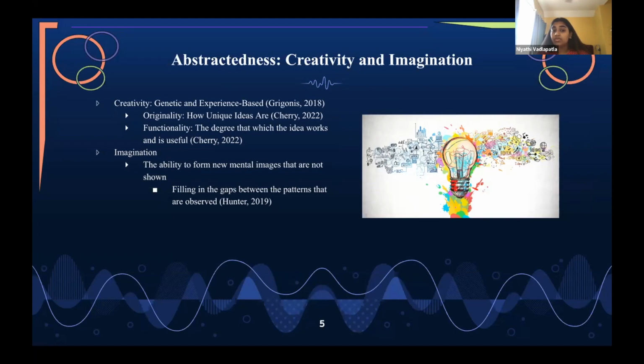Creativity has been known to be a result of both experience and genetics, but it's more credited to experience. Imagination is referred to as the ability to form a new mental image that is not present or identifiable, with the given information coming from the senses. Imagination is all about filling in the gaps between the patterns that are observed.